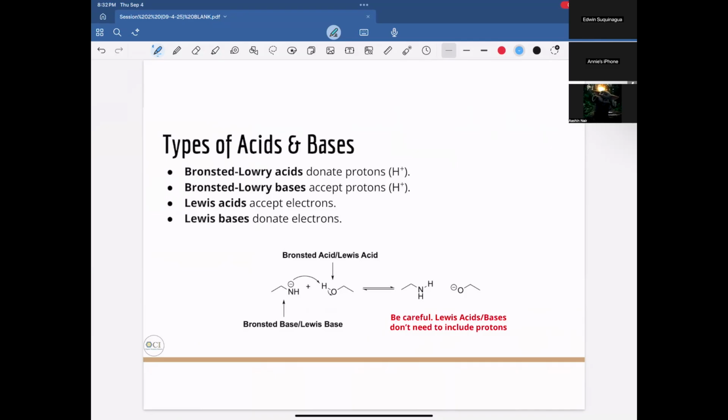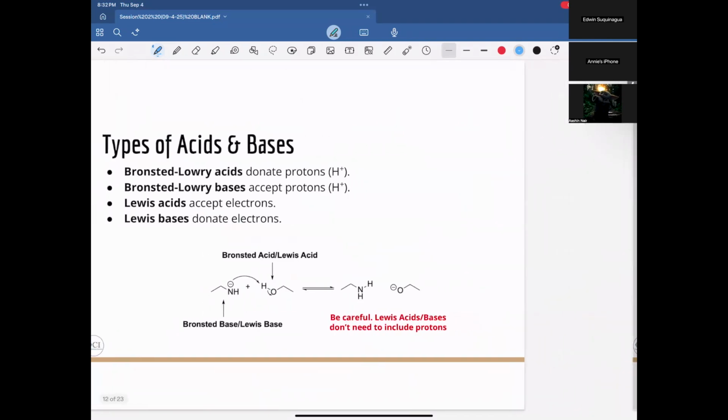That one's kind of easy when we think about where the protons are going. And then we have Lewis acids, which are defined by accepting electrons. So it's a little different than what we normally think of, but just commit it to memory. And then Lewis bases donate electrons. Does that make sense between those two?